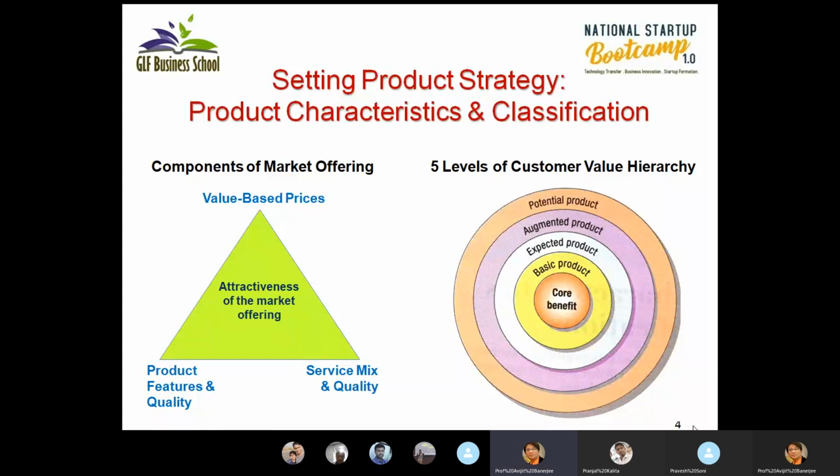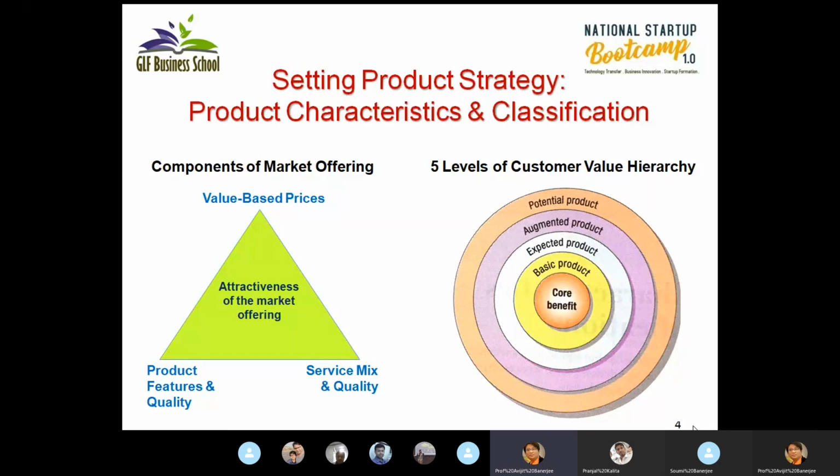At the third level, the company prepares an expected product, a set of attributes and conditions buyers normally expect when they purchase these products. Hotel guests minimally expect a clean bed, fresh towel, working lamps, and a relative degree of quietness.